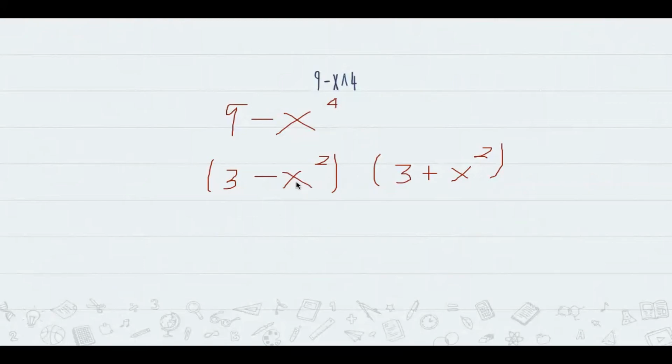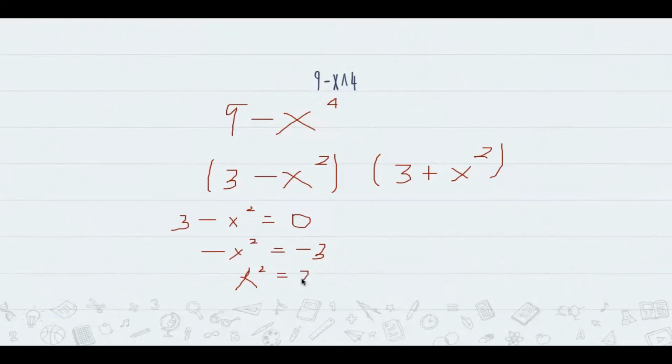So if you were to simplify it like before, 3 minus x squared equals 0, you would have negative x squared equals negative 3. Then you divide negative 1 on both sides.